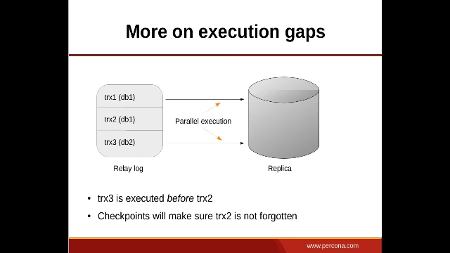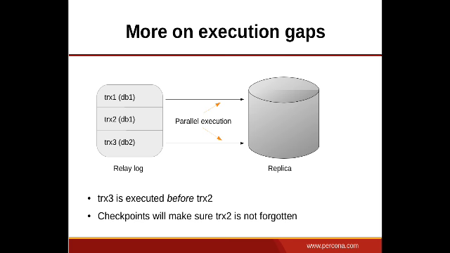Let's talk a bit more about execution gaps. So on the left, you have the relay log, and you have the transactions. We can see that we have transaction 1 and transaction 2 that will apply to DB1, and then transaction 3 that will apply to DB2. So when the coordinator thread reads the relay log, it will see that transaction 1 and transaction 3 can be executed in parallel.